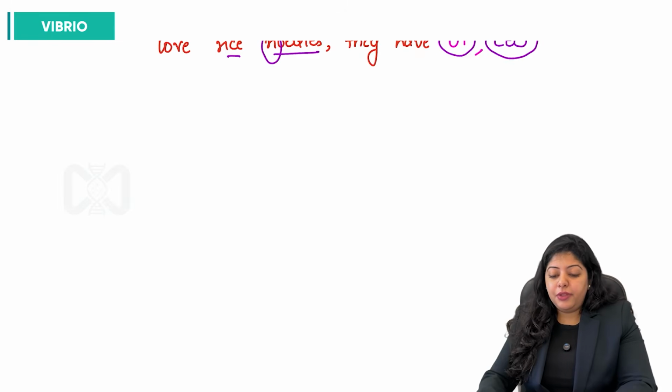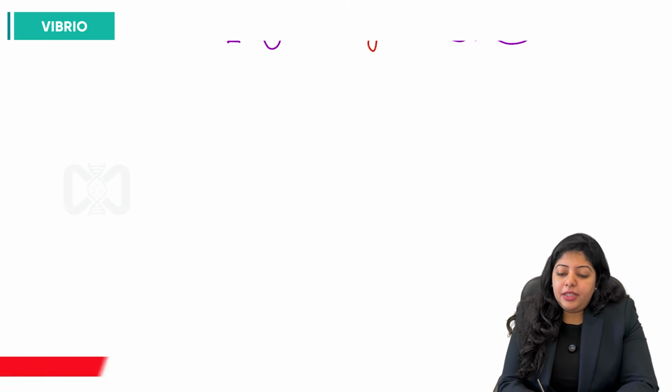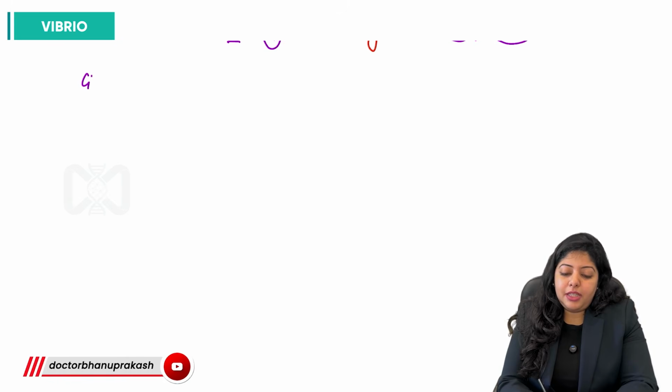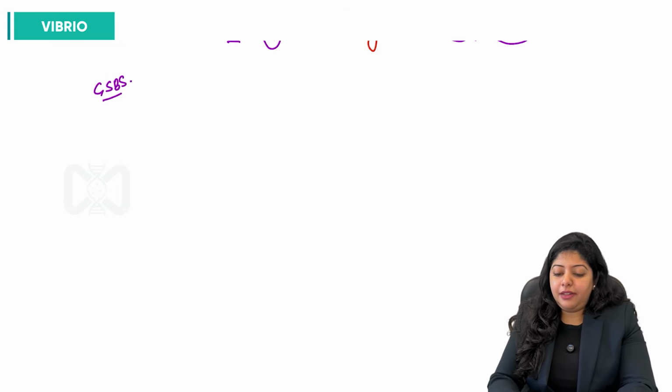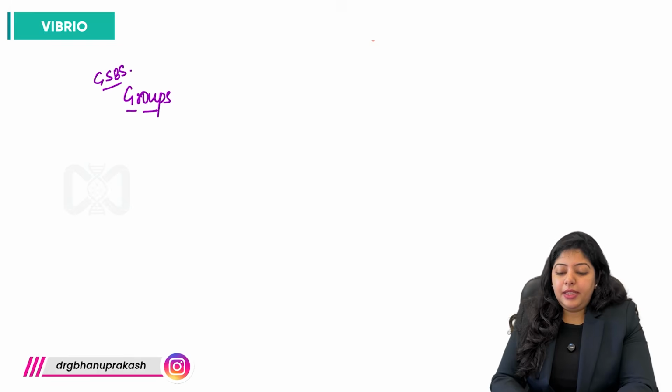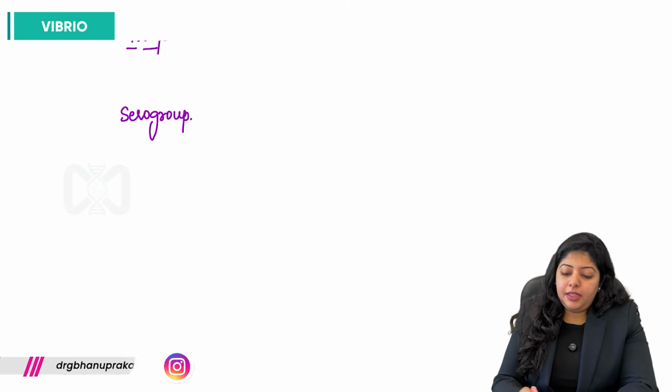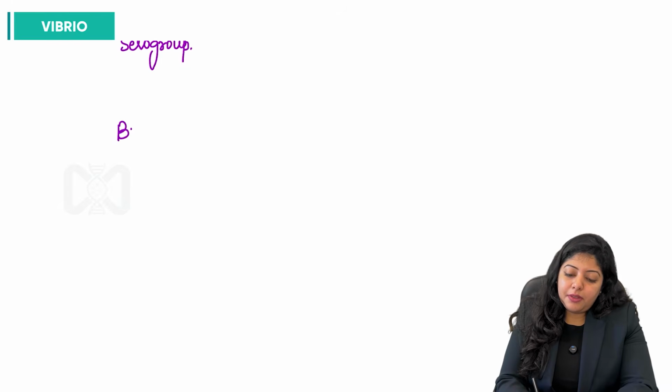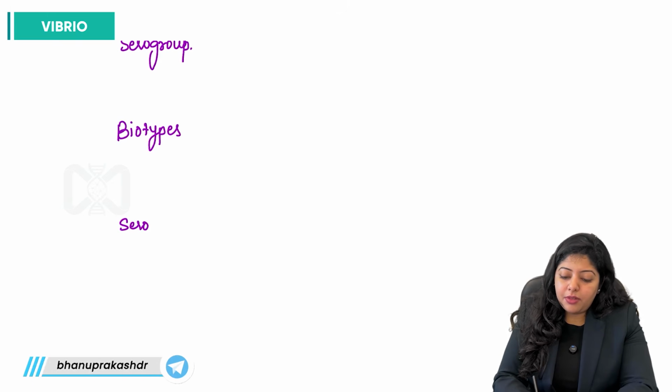So firstly, we will simply write the classification as GSBS. This is how I learned it, GSBS. So we know what comes first: firstly, we'll have the groups, then the serogroup, the biotype, and the serotypes, right?